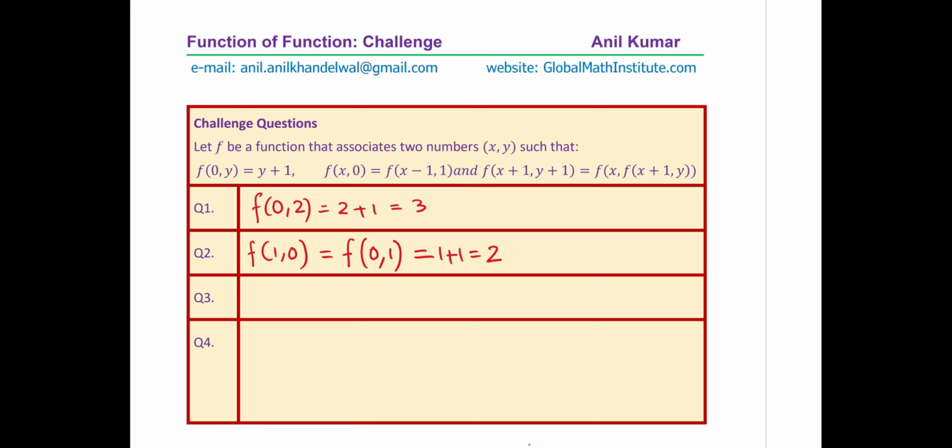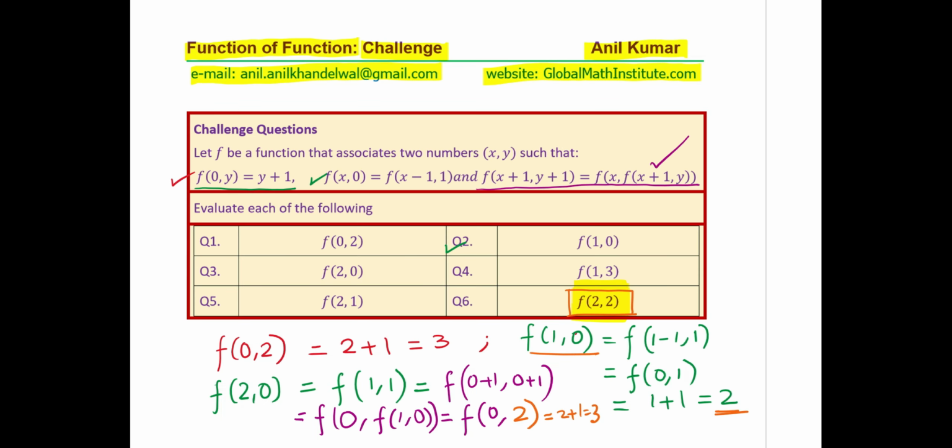So that is how we actually found these values, correct? So in the first case, we use the direct formula, which is f of 0, y equals y plus 1. And in the second case, we use formula number 2 first, right, which is f of x, 0 equals f of x minus 1, 1. And then we use the first formula, correct? That was the combination. And the third question was to find f of 2, 0.